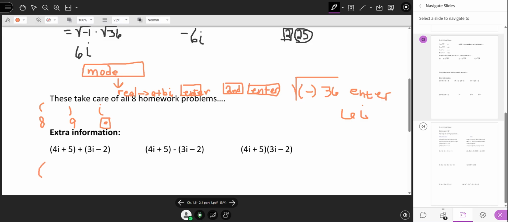So, open parenthesis 4 second dot plus 5, close parenthesis, plus open parenthesis 3 second dot minus 2, close parenthesis, enter.